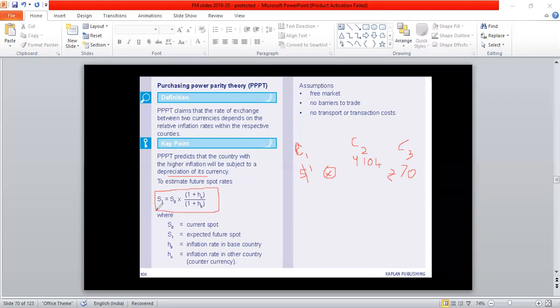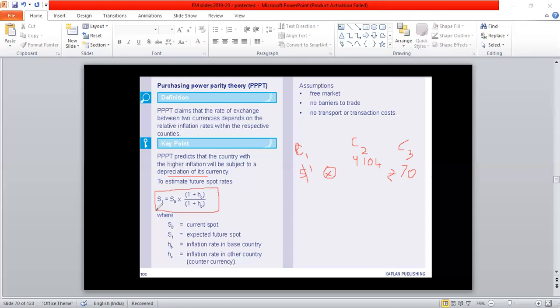So they enter into an agreement expecting the value of the currency to be at S1, the expected future spot. S0 is the current spot, the rate prevailing on the date when they enter into the agreement. It gets inflated by the inflation rate in the base country divided by the inflation rate in the other country.